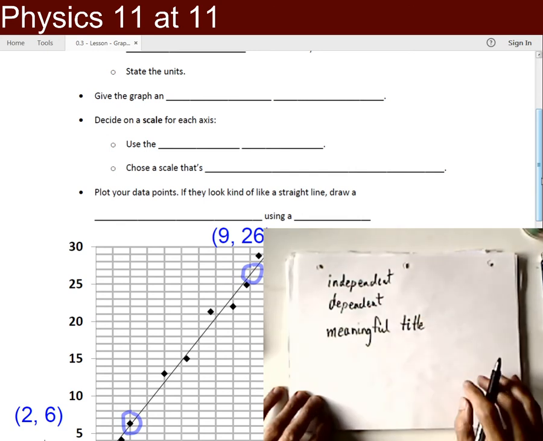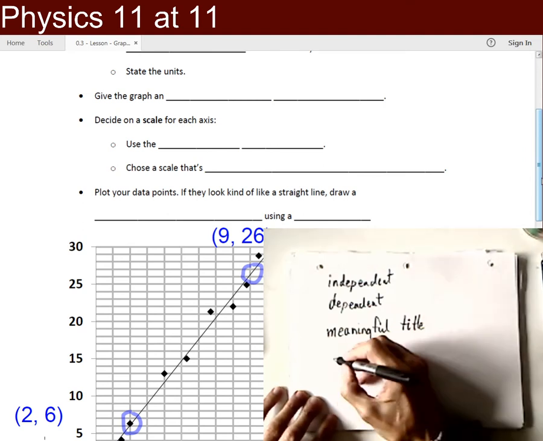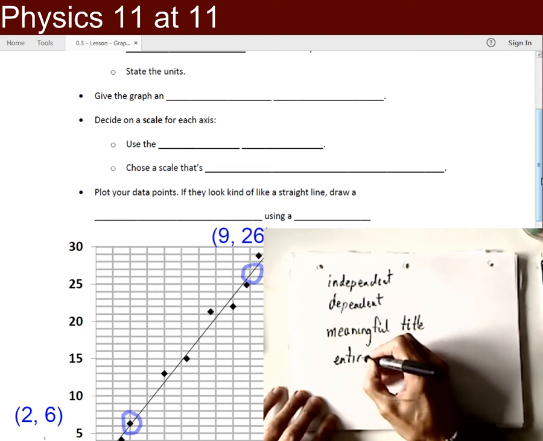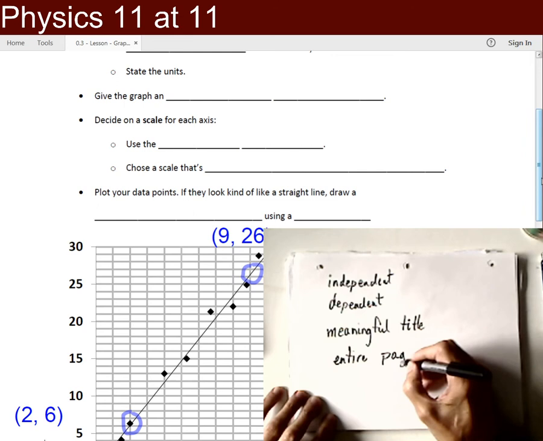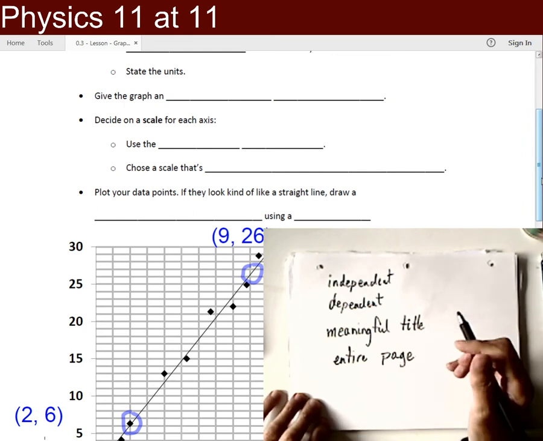But regardless, here we go. If we're doing the paper version, what you are recommended to do is use the entire page. Because what this does is it creates a nice big graph. It's easy to read, and your reader will enjoy that.